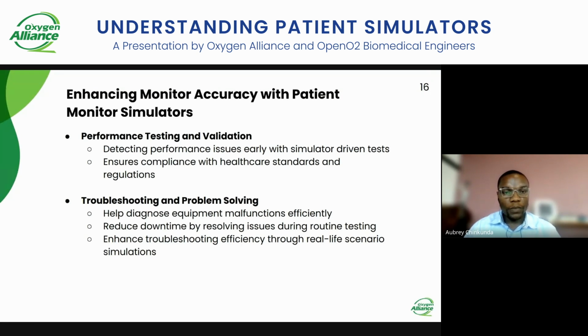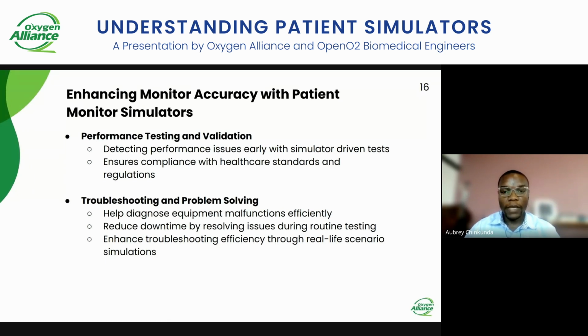And the patient simulators can also help in troubleshooting and problem solving. They help us to diagnose equipment functions efficiently because you can simulate different scenarios, as I already mentioned, and it will also reduce downtime. If you're conducting performance tests, you're not waiting for the device to fail.